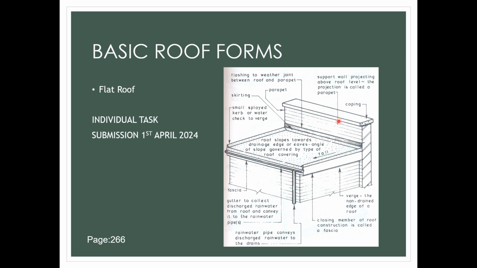Sometimes the parapet is lower and sometimes it's higher. On top of the parapet, we have coping. And then inside here is the wall, basically the wall, to form the parapet.